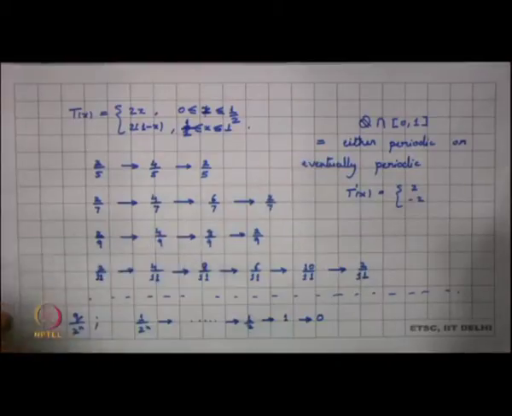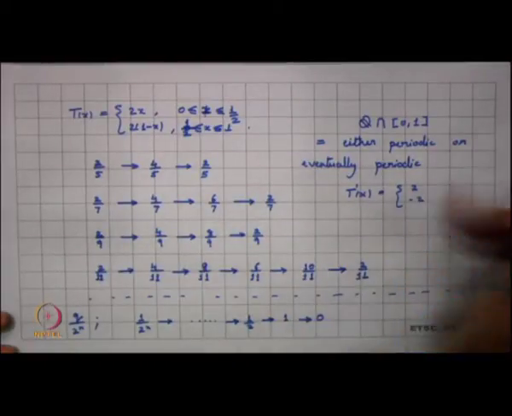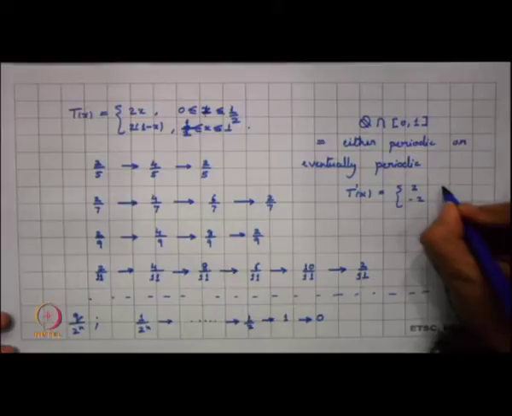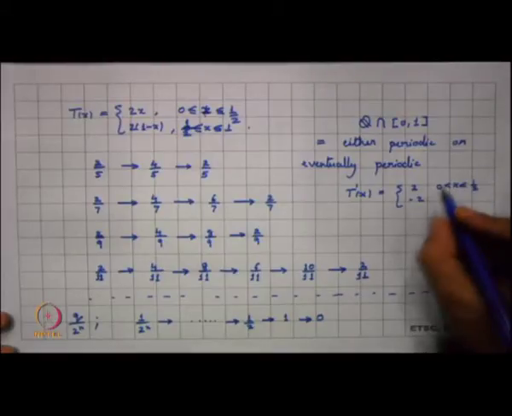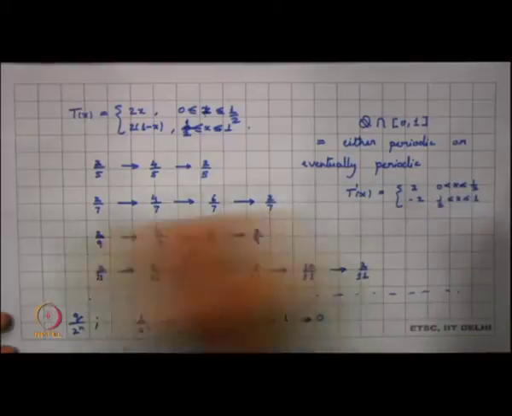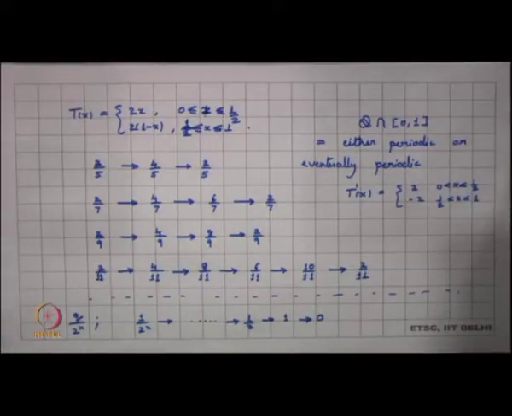It is 2 when 0 is less than x less than half, we are not looking into the endpoints, and minus 2 when half is less than x less than 1. That tells me that each of these periodic points is always going to be a source. They are all repelling periodic points.